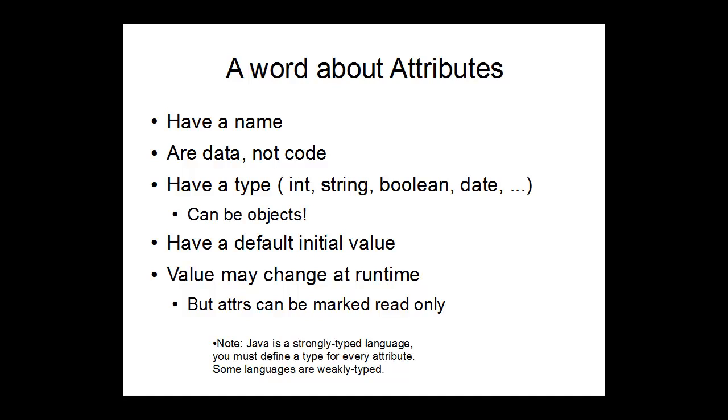You can provide a default initial value for the piece of data you're defining, and most variables are dynamic. They can change at runtime. And they can take several states as the program executes. Java is a strongly typed language, so when you define an attribute, you have to say what type it is. You can't just leave it untyped as you can in other languages like JavaScript.